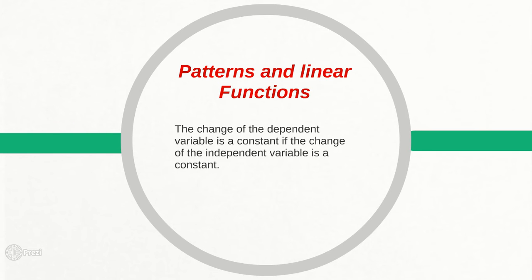If the change of the independent variable is a constant, and the change of the dependent variable is a constant. If the independent variable always changes by 1 unit, and the dependent variable changes by 2 units for each change of 1 unit, you will have a linear function. If not, it's not a linear function.